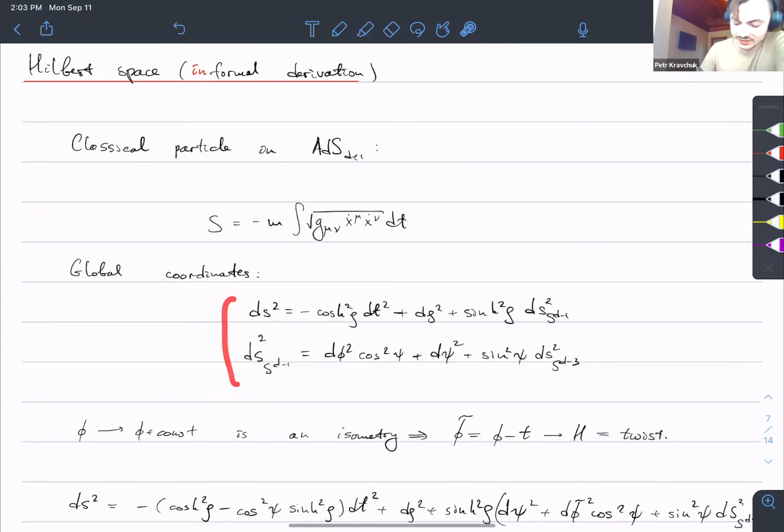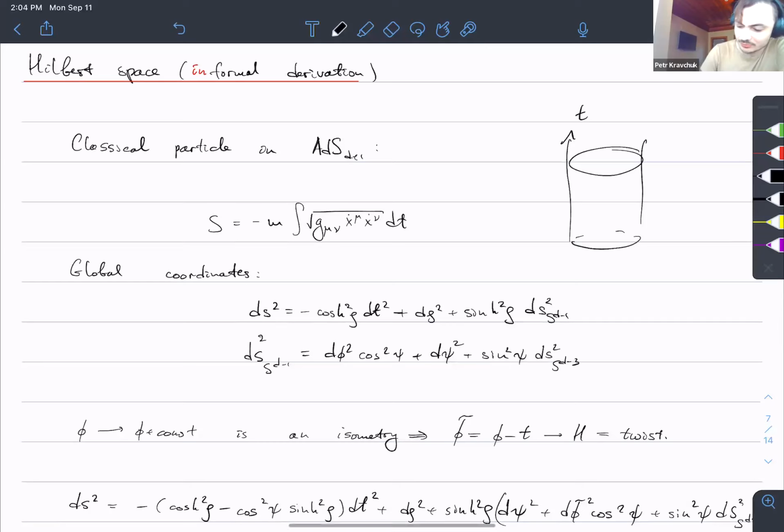So I'm going to parameterize AdS in global coordinates. So we have global time, we have rho, which we should think of as a radial coordinate in AdS cylindrical coordinates. So rho equals infinity is the AdS boundary. And then we have the sphere, the S^(d-1) sphere, which parameterizes various angles. So let me just draw a picture to be more clear.